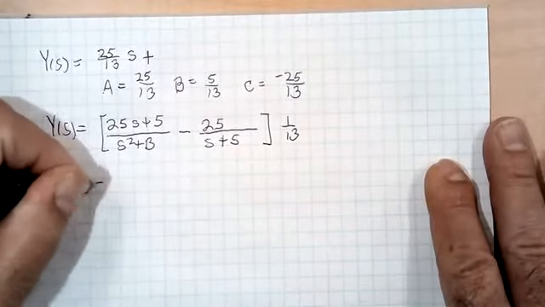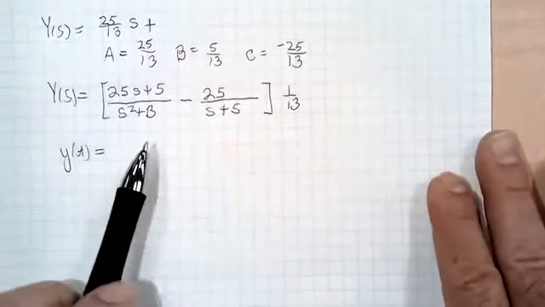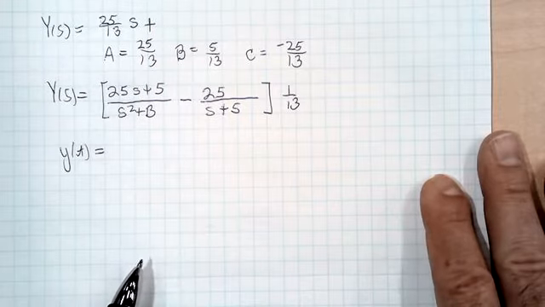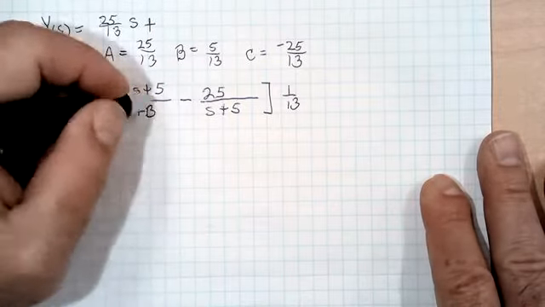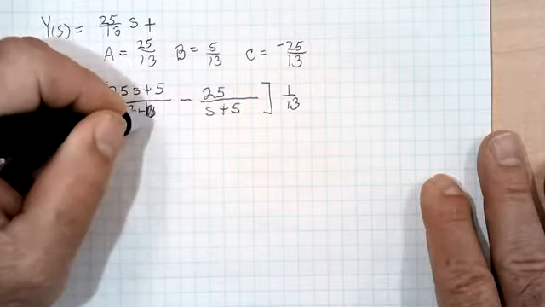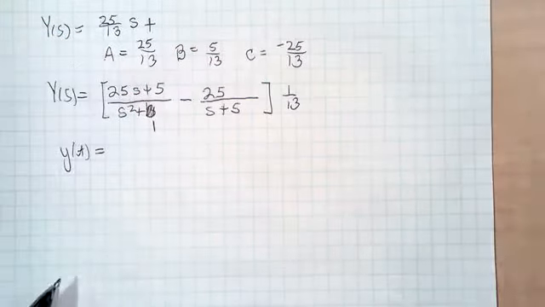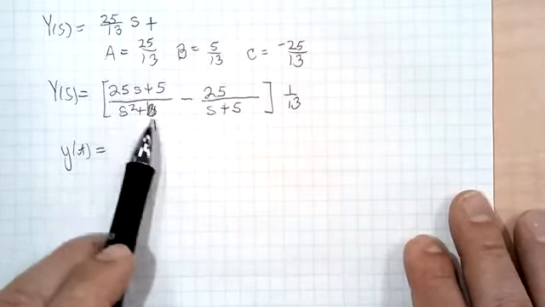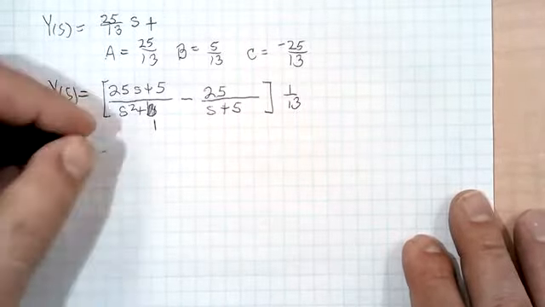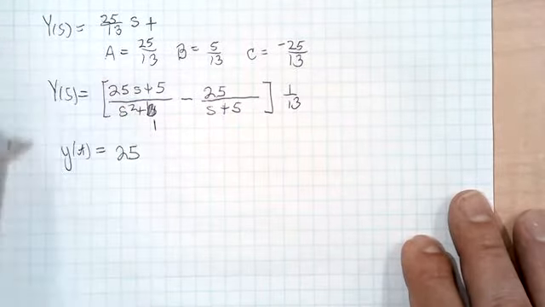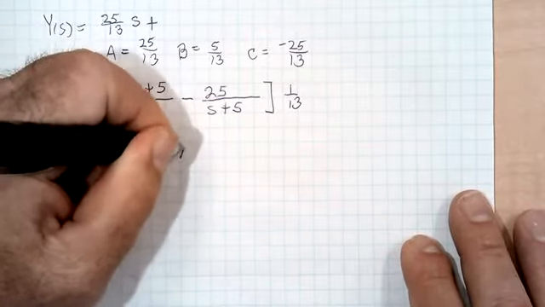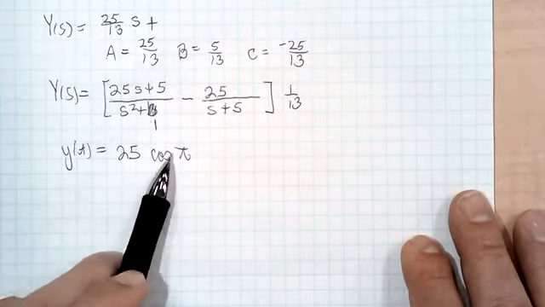Y at t is equal to, this is supposed to be, I wrote a b here, I don't know why. It's S squared plus 1. Okay, so S over S squared plus 1 is the transform of cosine t, 1 squared, so I have a 1 here.